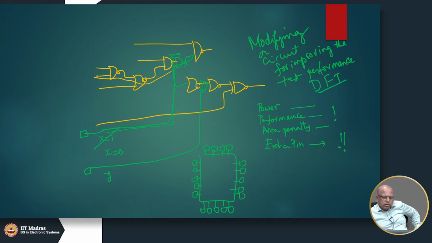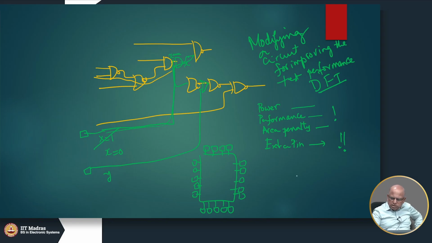Earlier our algorithms used to abort certain faults. Now, we did a controllability analysis using SCOAP, we did an observability analysis using SCOAP, and wherever the SCOAP controllability number is very high, that means it is a very poor controllability.